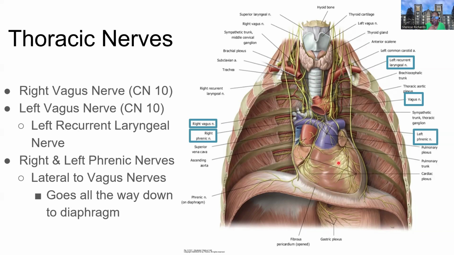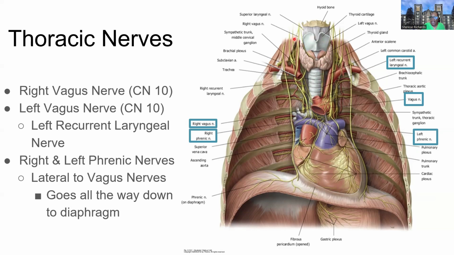So the vagus nerve, particularly its branches, so the recurrent laryngeal. So here's our vagus nerve again. Remember, this is going to be more medial in terms of its location compared to phrenic. This is one of our cranial nerves, cranial nerve number 10, and that is giving off the left recurrent laryngeal nerve, which wraps around the arch of aorta and is going to go back up to supply the laryngeal muscles.